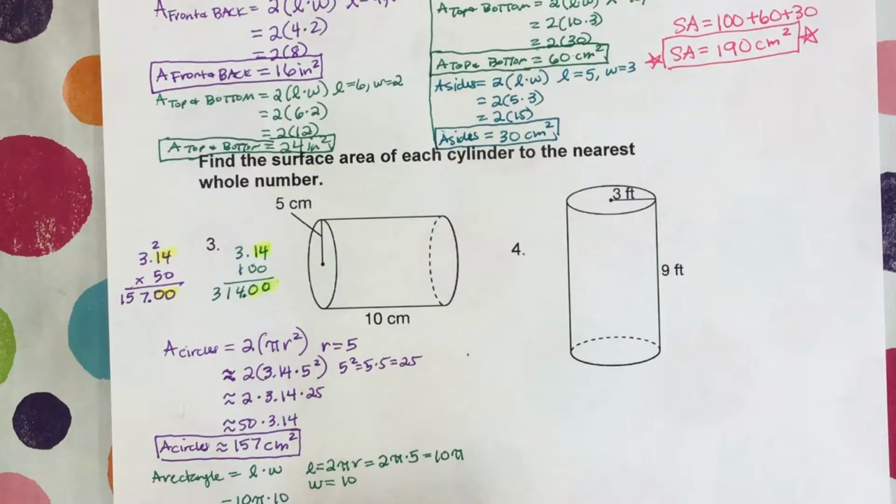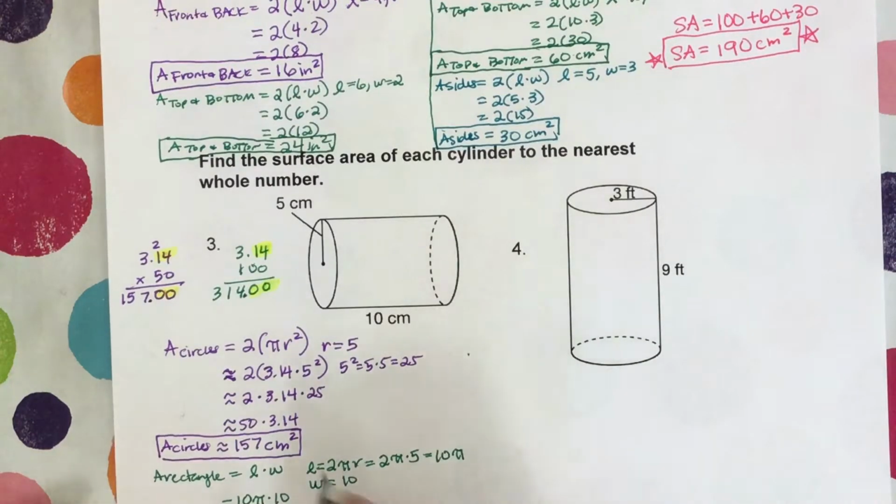Whenever you move this one way or the other, if you move it this way and it gets bigger, you're multiplying it by a power of 10. If you're moving it this way, you're dividing by a power of 10. So it's a really quick way to multiply. If you're multiplying by 100, which is a power of 10, moving it 1 place would be to multiply it by 10, and if you move it 2 places, that would be to multiply it by 100. So there we go. We have the area of the rectangle is 314 centimeters squared.